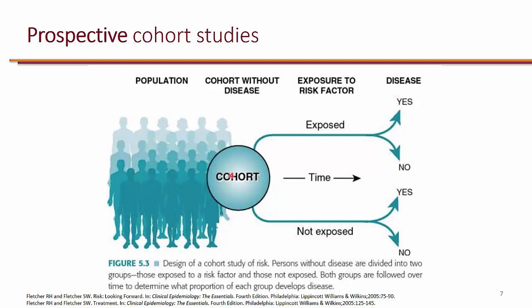Let's say you enroll 1,000 patients in your study and break them into two groups: the smokers, who are exposed to the risk factor, and those who are not smokers. You follow them over time to see at what point they develop cardiovascular disease, yes or no, and then you compare the rate of cardiovascular disease in these two groups.